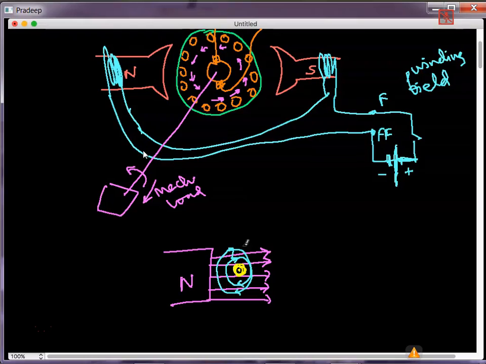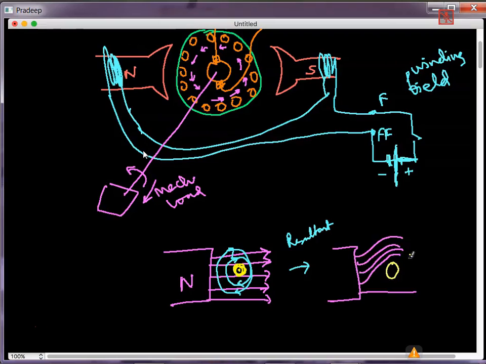Now if you look at the top of the conductor, the magnetic field is adding. At the bottom of the conductor, the magnetic fields are cancelling each other. So as a result, what happens? The resultant is like this. More magnetic field will be concentrated above the conductor.